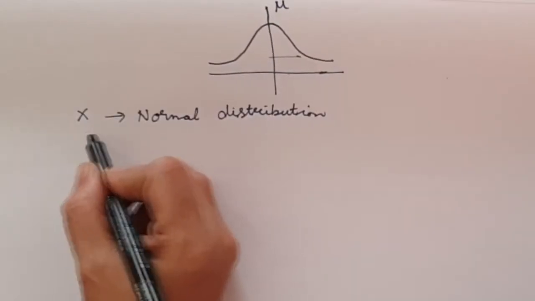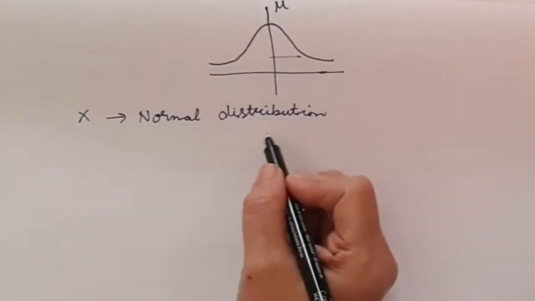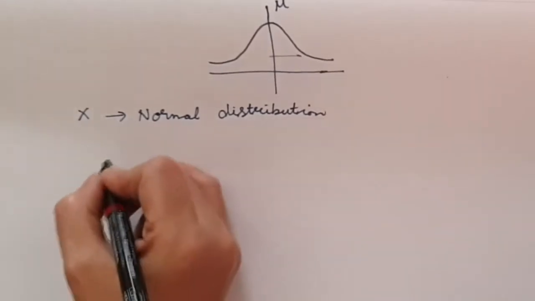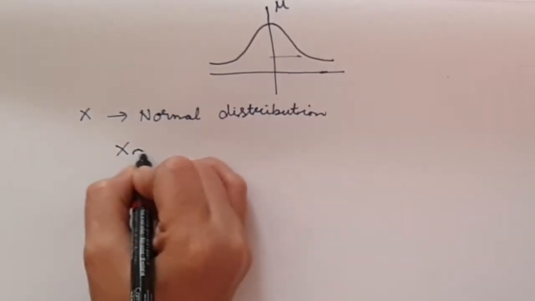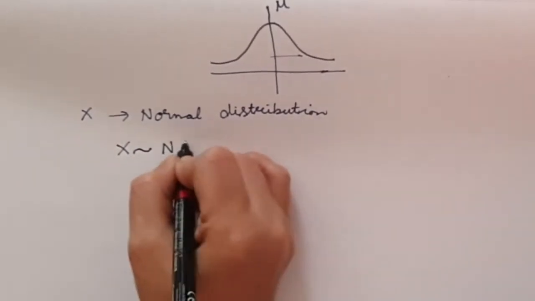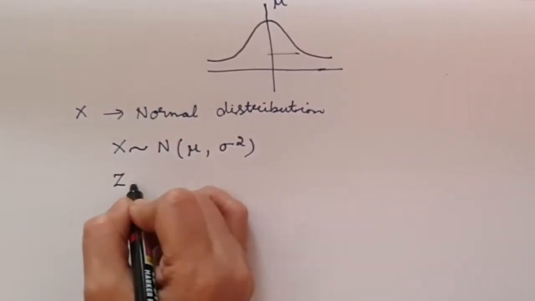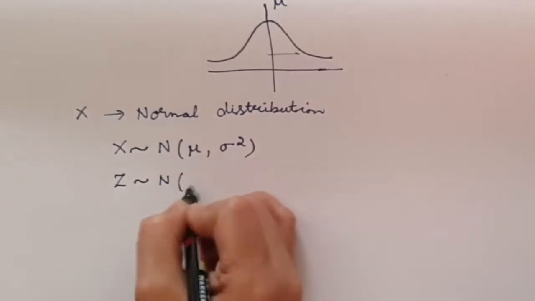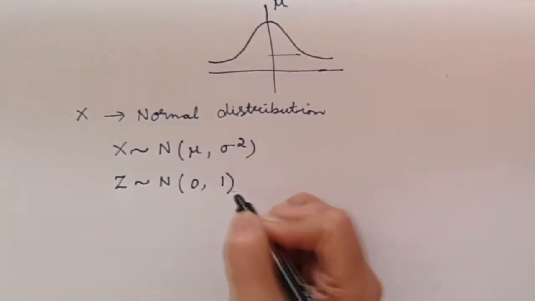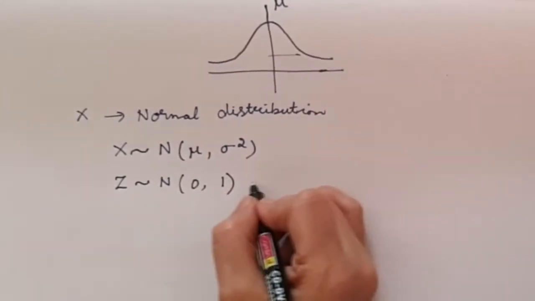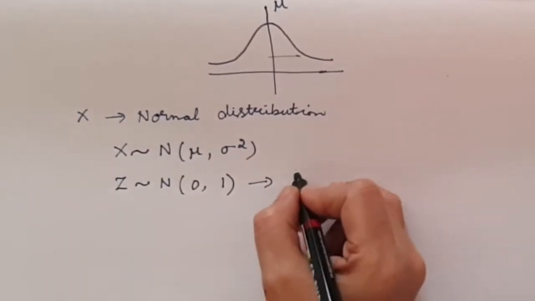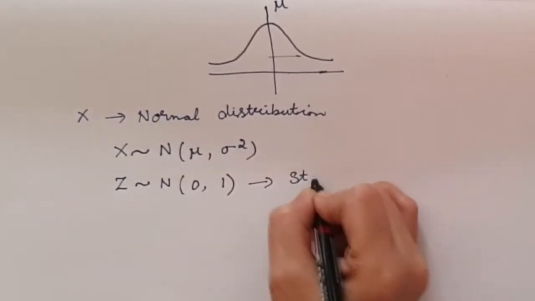If a variable x has a normal distribution, then we can write using this mathematical notation: x is normally distributed with mu and sigma squared. We always standardize a normal distribution with mean 0 and standard deviation of 1. This is called the standardized normal distribution.